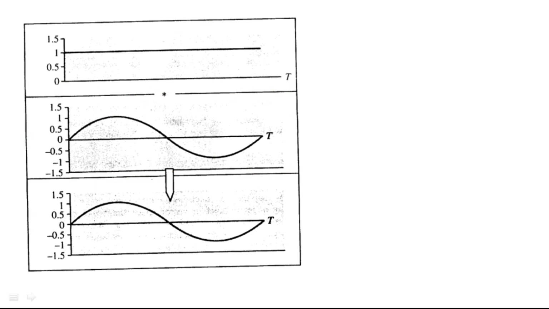For the first function the amplitude is equal to 1, so the instantaneous amplitudes, when multiplied with the corresponding amplitudes of the second function, give no change. The pointwise multiplication gives the resulting curve as simply sine omega t.